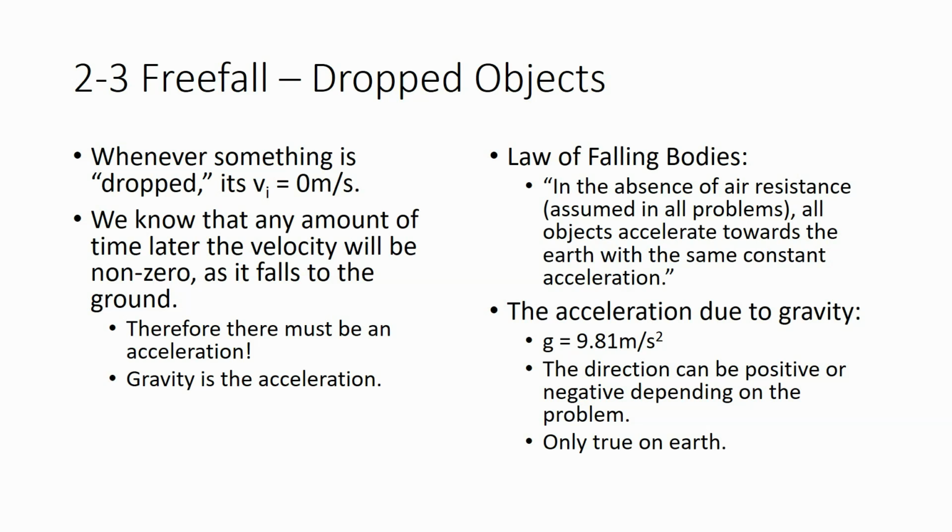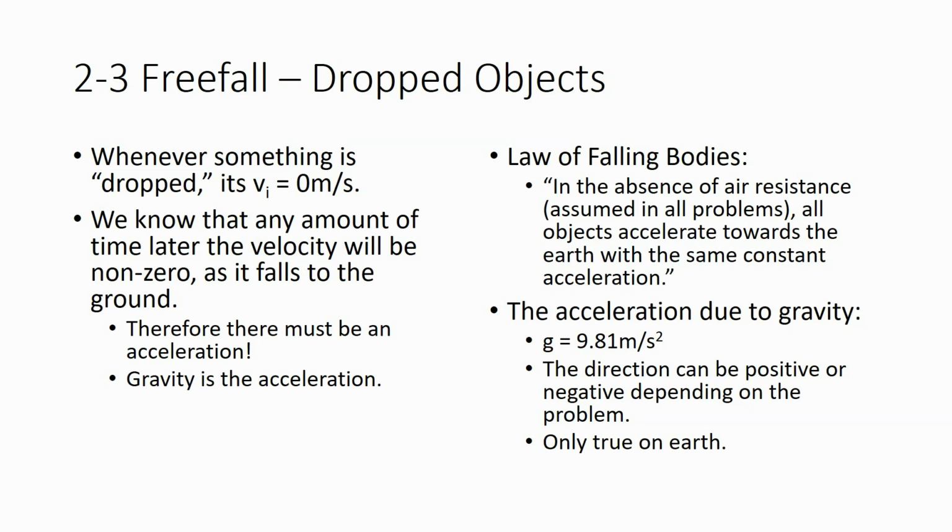Now, the direction of this can be positive or negative depending on the problem. What I mean by this is we can decide if it's easier for the problem that downwards towards the surface of the Earth is the positive direction. We can also decide that downwards is the negative direction, depending on what makes the problem easier.